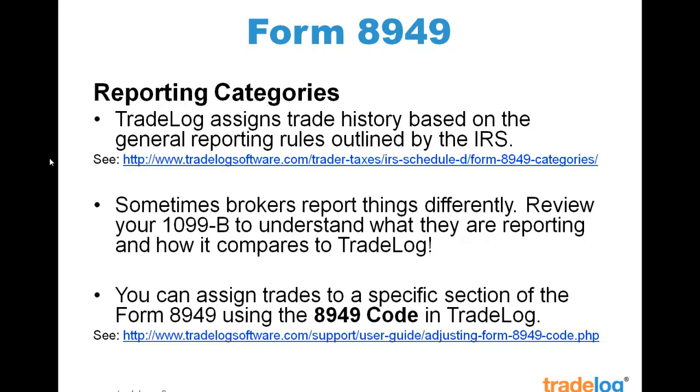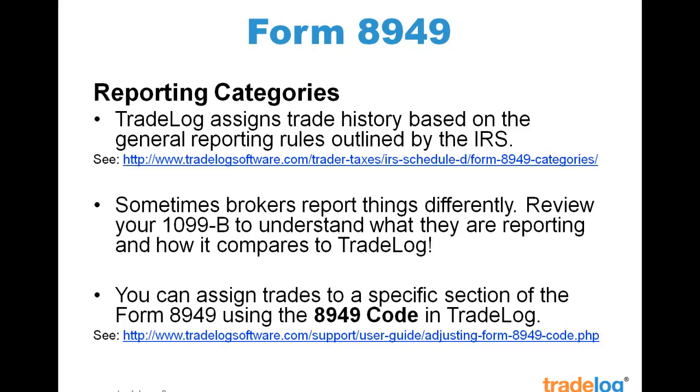Now, some things to note. TradeLog assigns your trade history to the proper category based on the general rules of the IRS. You can check those out on our website under Form 8949 categories. There's general rules, we apply that. The problem is sometimes brokers report things differently, go figure. So you may need to review your 1099 to understand exactly what your broker reports and how that compares with TradeLog.